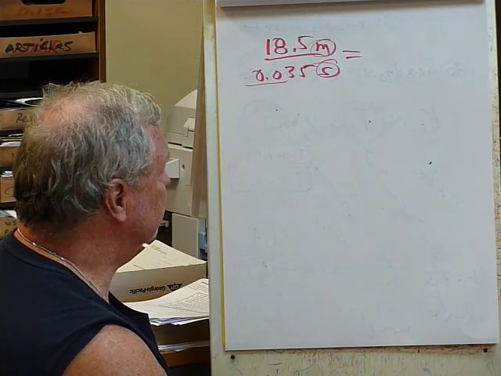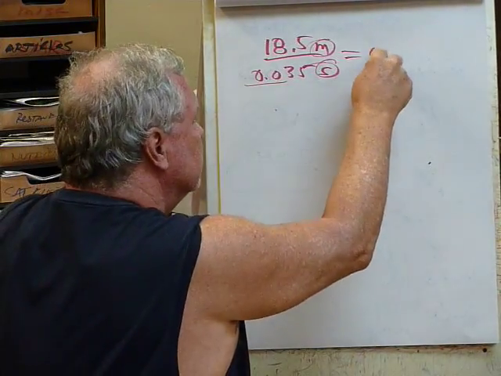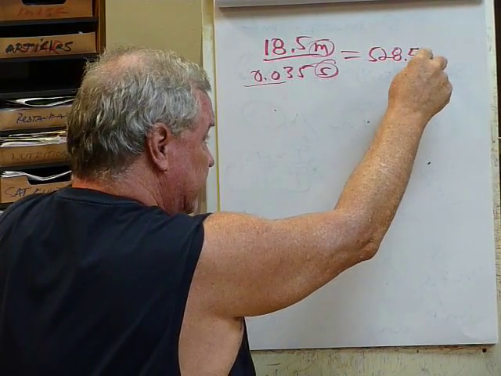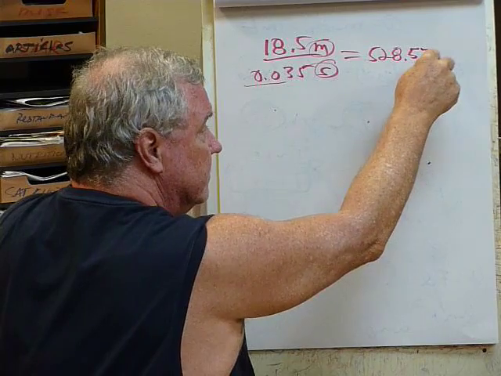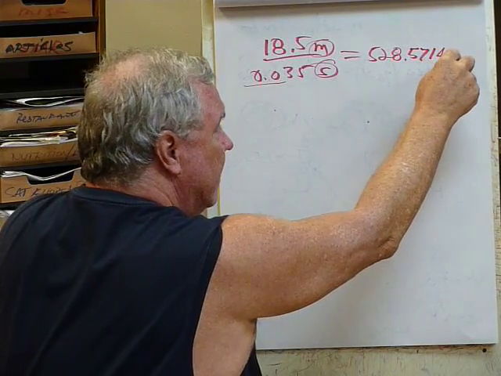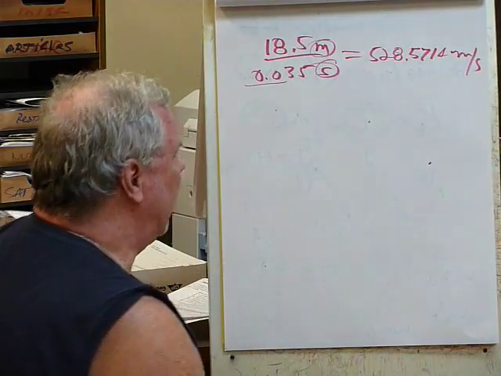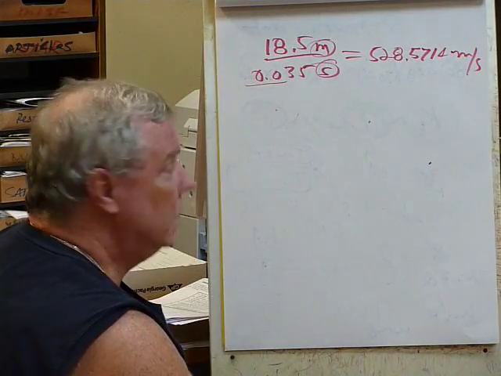So what do we get? 528.571429, meters per second. Now how many sig figs do we want? 2.